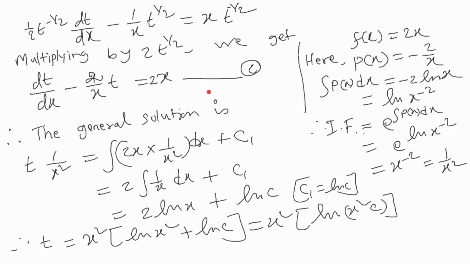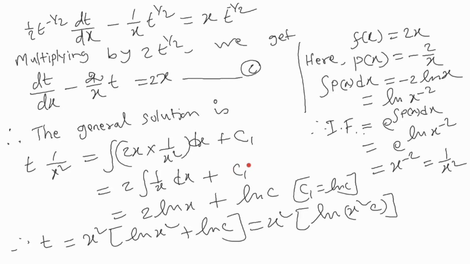Now we can write the general solution for this equation number 2. Here t is the dependent variable, so t times the integrating factor, which is 1 by x squared, is equal to the integral of the function of x times the integrating factor. We integrate these whole terms with respect to x. Here c1 is the integrating constant, so when we simplify this equation we get the integral of 1 by x dx plus c1. When we integrate 1 by x dx we get ln x, so this means 2 ln x.